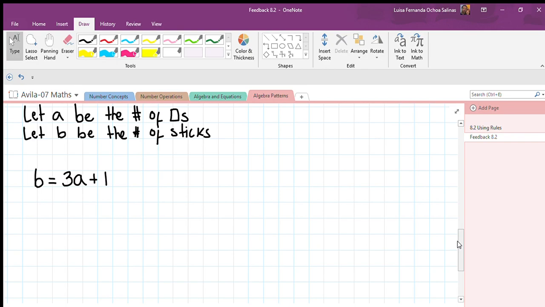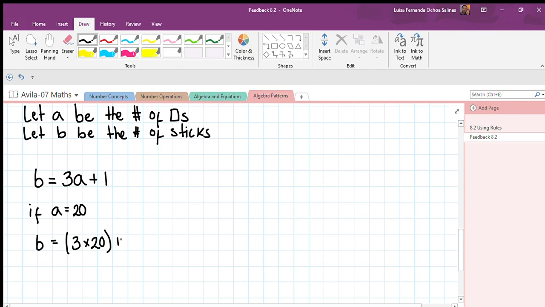You wonder why they don't change the number, why it cannot be 100, 1,000, why it always has to be 20, but that's okay. So then we say if A is equal to 20, because that's what they're asking, these people without imagination. So B is going to be equal to 3 times 20 plus 1. I'm going to solve. B equals 60 plus 1.